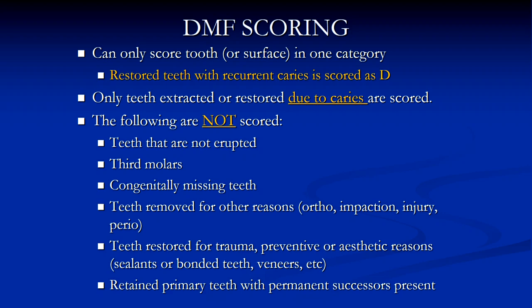Again, teeth that are removed for other reasons are not scored in the DMF. Teeth that are restored for trauma, preventive, or any kind of aesthetic reasons like veneers or sealants or any kind of bonding, those aren't scored in the DMF because it's not really decayed. And then they don't score retained primary teeth with permanent successors present. So if you have a primary tooth and a permanent tooth present, they don't score those.